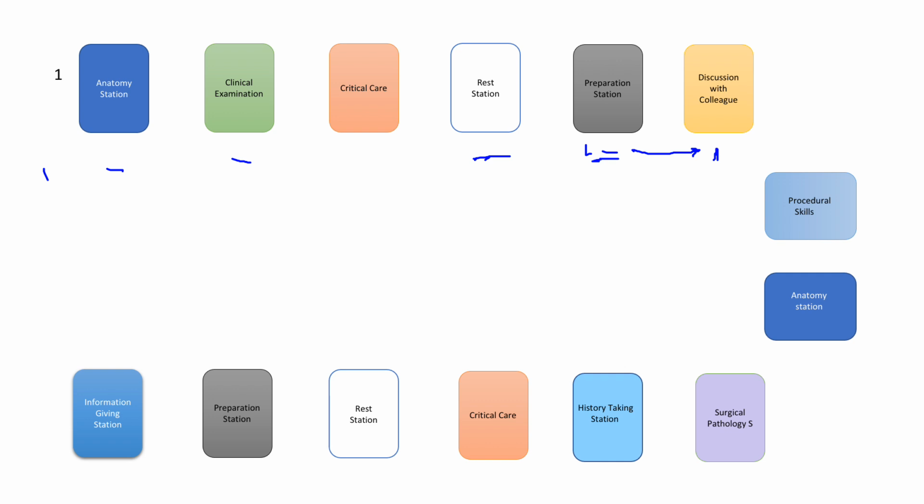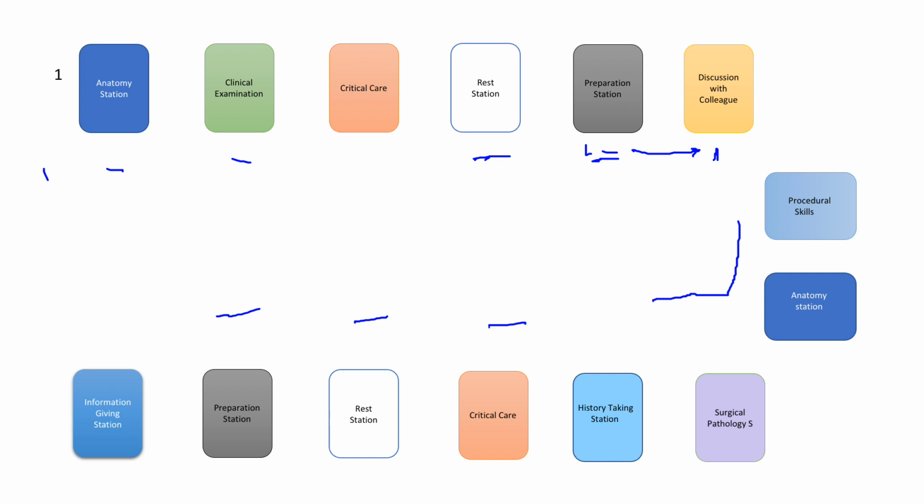Then you keep going this way, like you can see surgical pathology, history taking, critical care, then you can get a rest station, then you can get a preparation station, and in this preparation station you have patient notes as well, and at the end you will have to give information to a patient or his relative and tell them about their diagnosis.